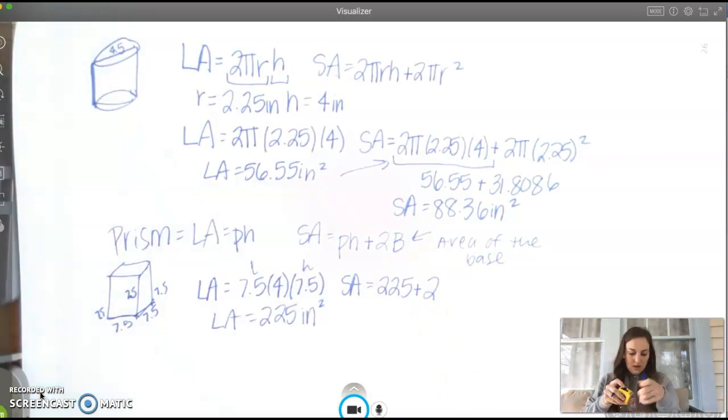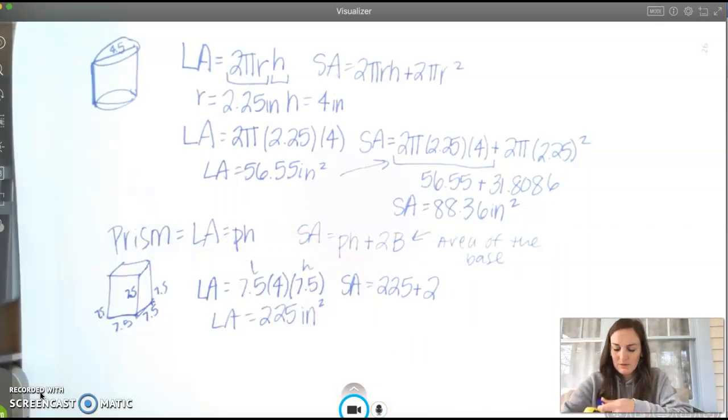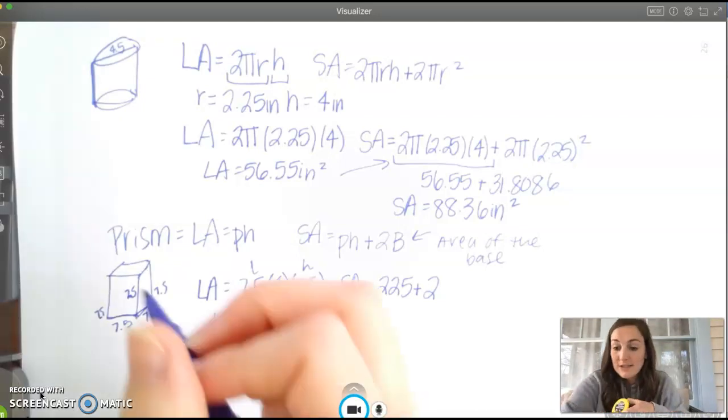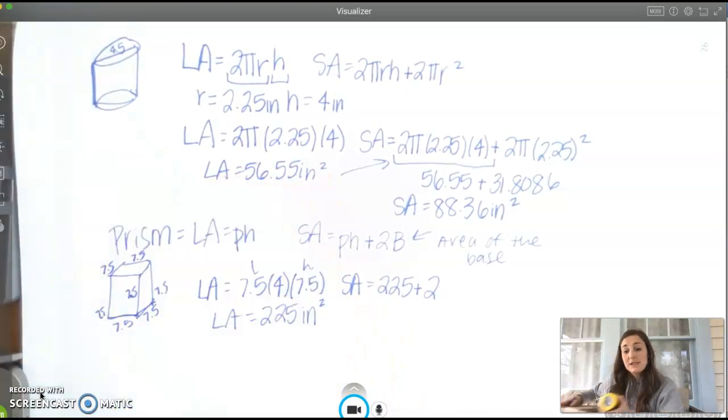And then going the other direction, it is 7.5. Let me double check my measuring here. No, we're good. We're both 7.5. So all of these are the same. So we in fact do have a cube.